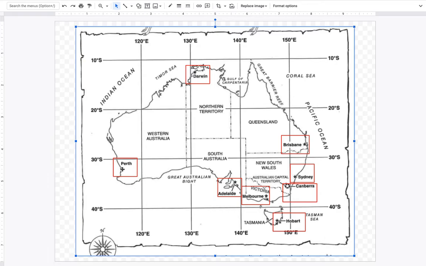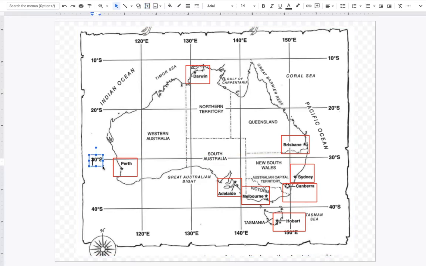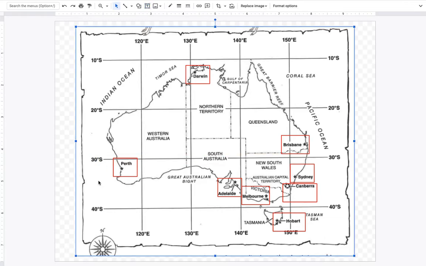Now what do you notice? Which line of latitude is Perth closest to? Well, if I'm looking at Perth, it's closest to 30 degrees south, which is right here. Okay, so 30 degrees south, let me put a text box around that. 30 degrees south is right there. And that's the line of latitude.